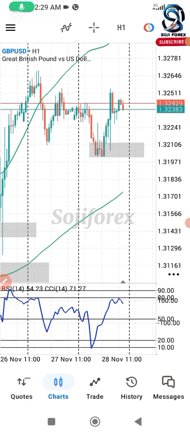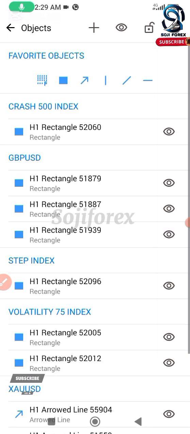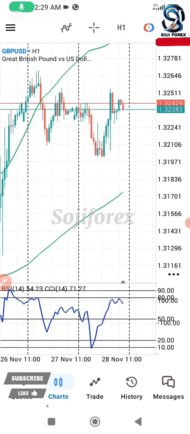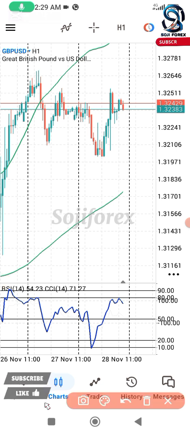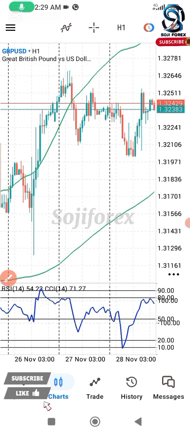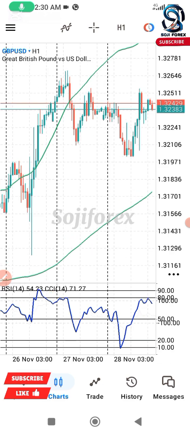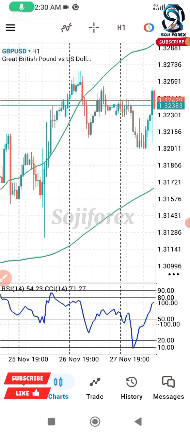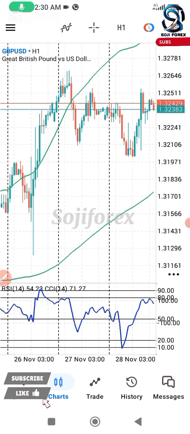I'll be showing you exactly how you can take advantage of that. Looking at my chart, let's look at the current price scenario on our GBP USD. This is a 1 hour chart, and this is our middle Bollinger Band, and presently price is above the middle Bollinger Band. So we are saying that we are pushing up, and this is our uptrend. However, if we go by analyzing the structure, you will still agree with me that we are in an uptrend.